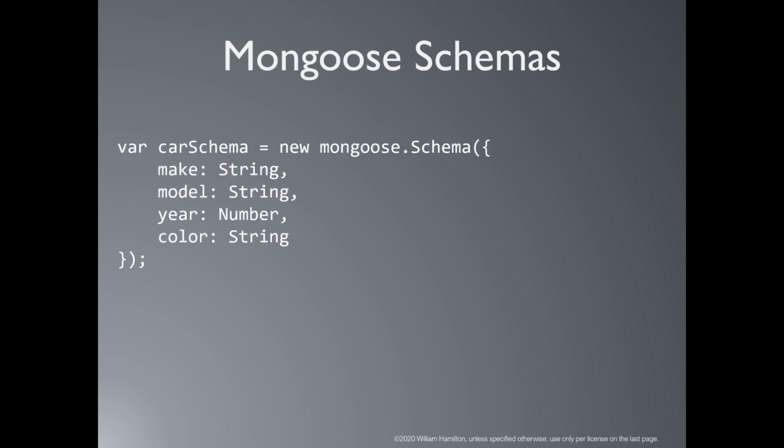Okay, so the baseline thing that is most often used with Mongoose is setting up schemas. As I was mentioning before, I can set up a car schema which has a make, model, year, and color, with string, number, and string types, which basically just says to make sure that the data I put inside of this collection has these data types.